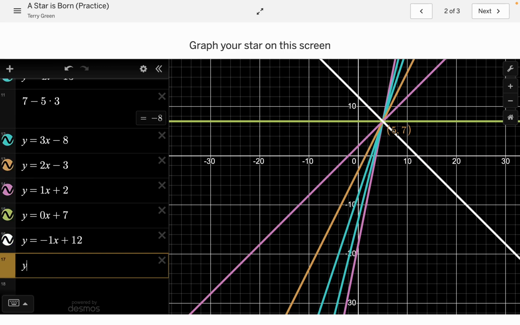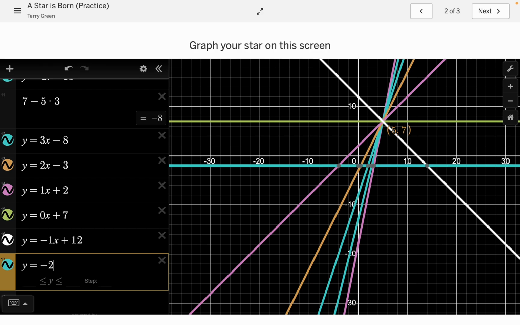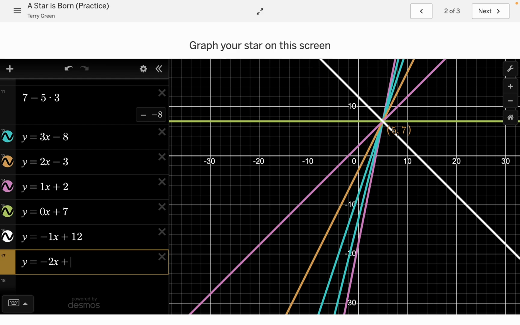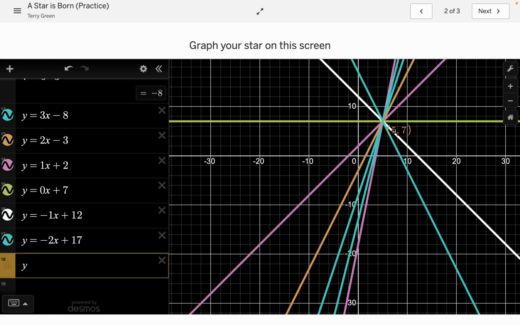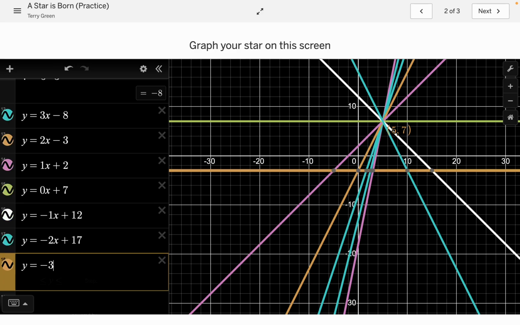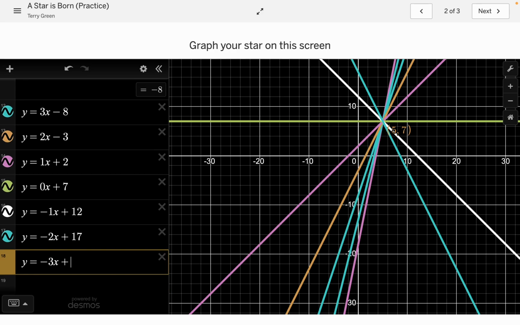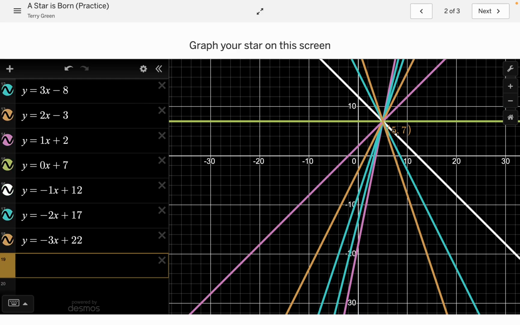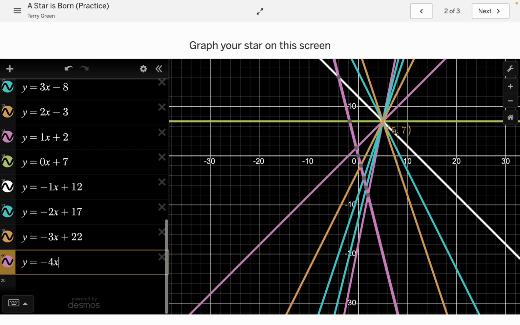Keep on going. y equals negative 2x plus, I'm going to add 5 again, 17. And I just keep on going. Negative 3x plus 22. y equals negative 4x plus, add 5 again, 27.